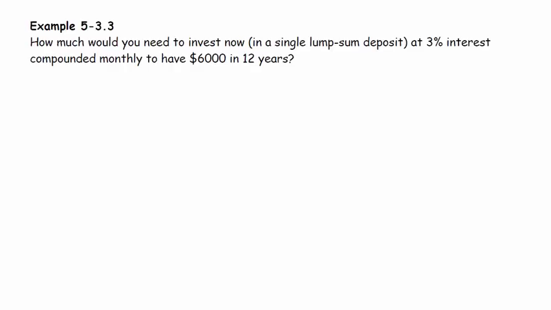Next, we want to know how much you would need to invest now in a single lump sum deposit. We are looking for this value here, P, at 3%, so R is 0.03, compounded monthly.